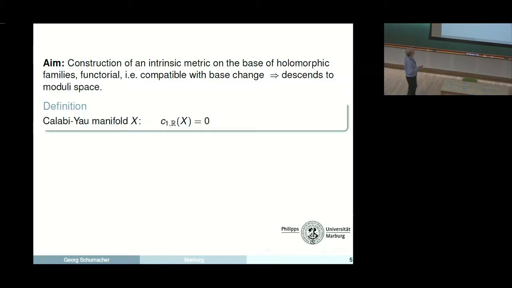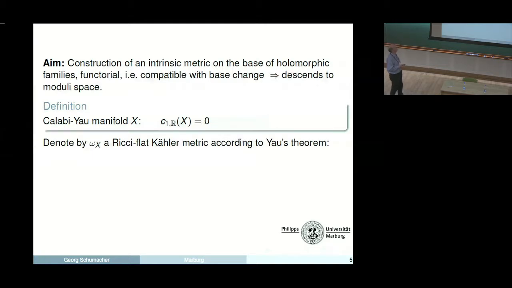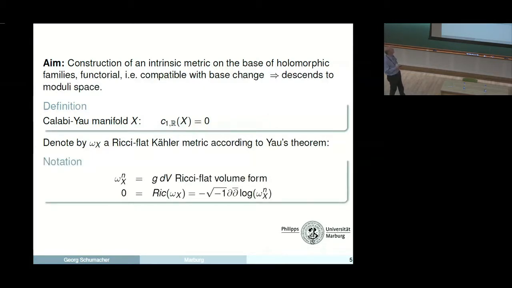Now, according to Yau's theorem, there are Ricci-flat Kähler metrics. So given such a Kähler form, omega_X, we take the nth power where n is the dimension, and then we have a Ricci-flat volume form. So 0 is the Ricci form of the volume form, which equals minus i ddbar log of the volume form.